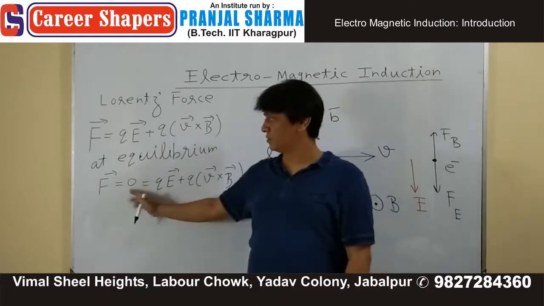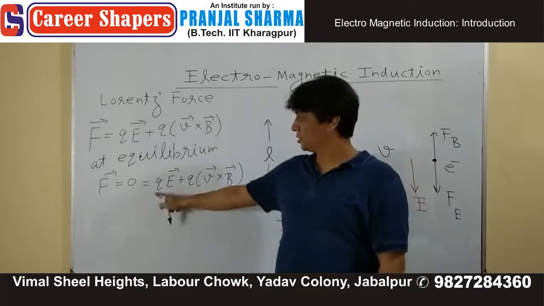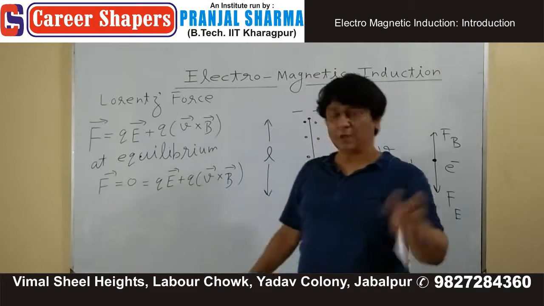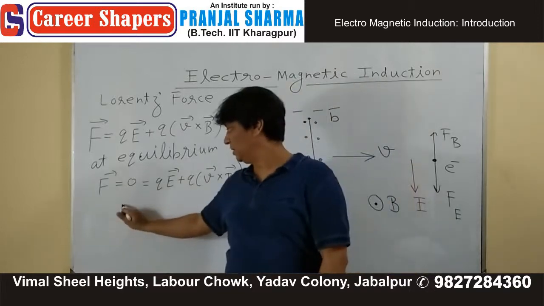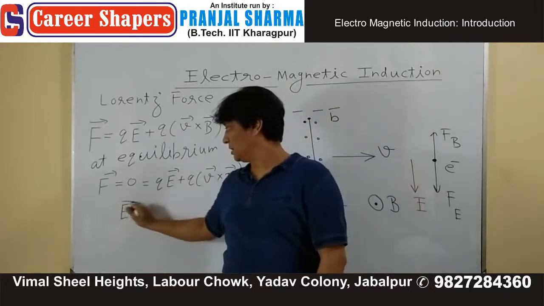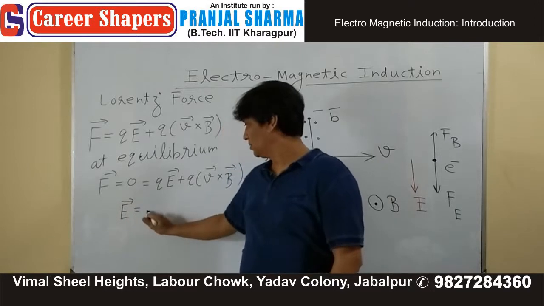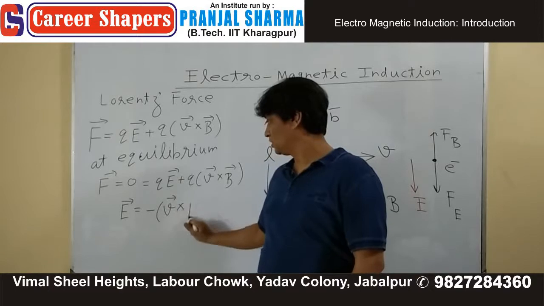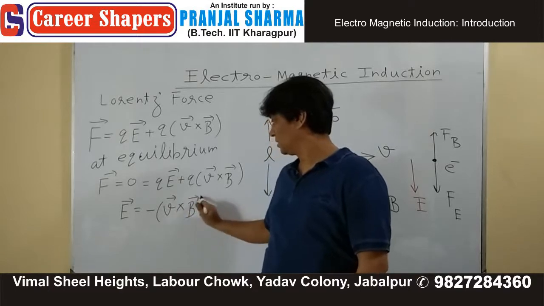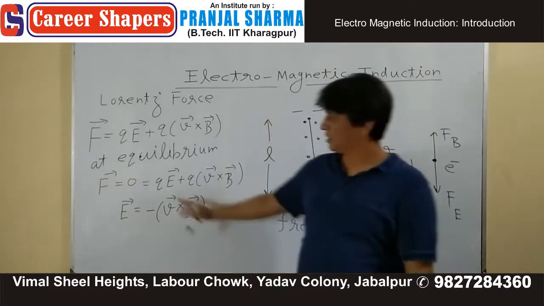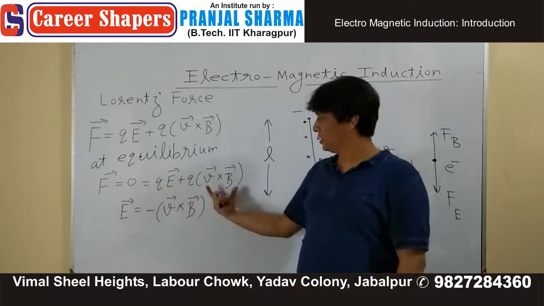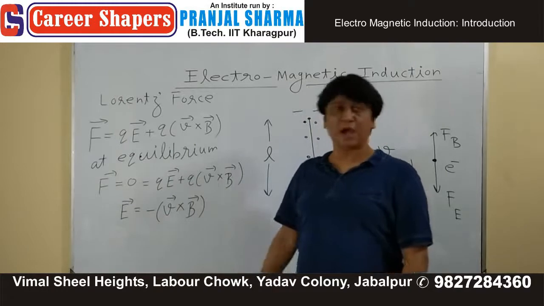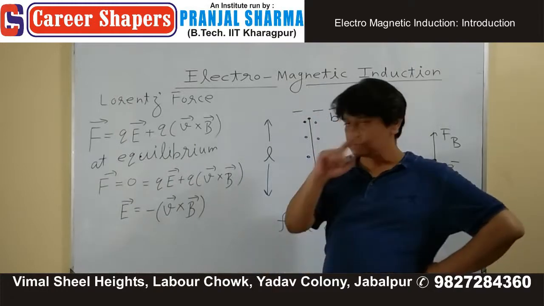Q and Q cancelled. This gives us the electric field as minus of V cross B. Q gone, shift this thing over there. E is minus of V cross B.